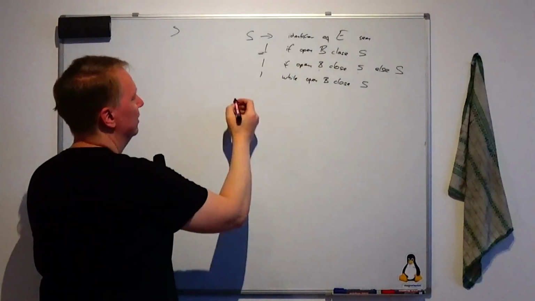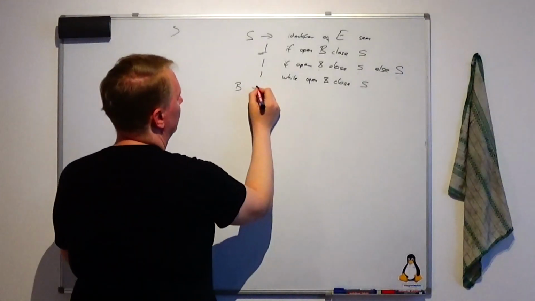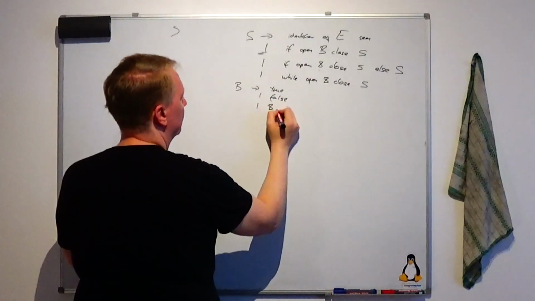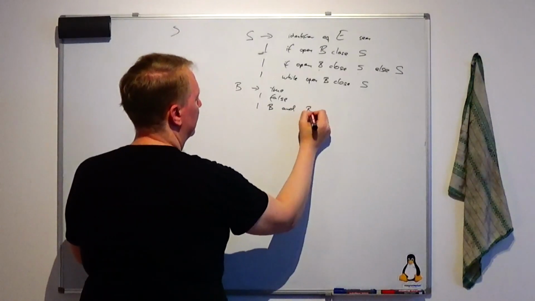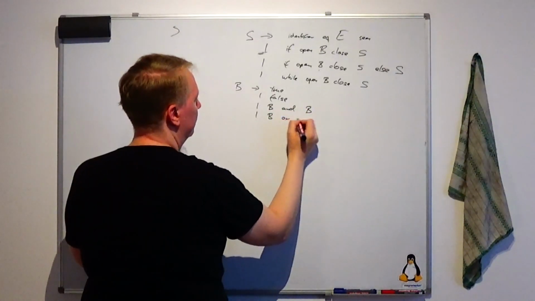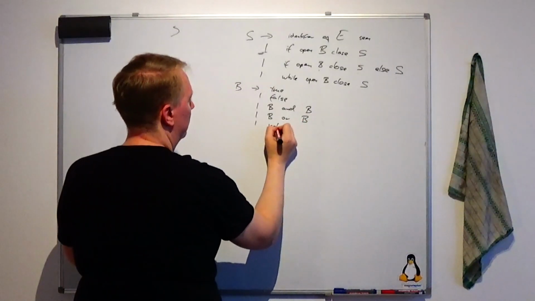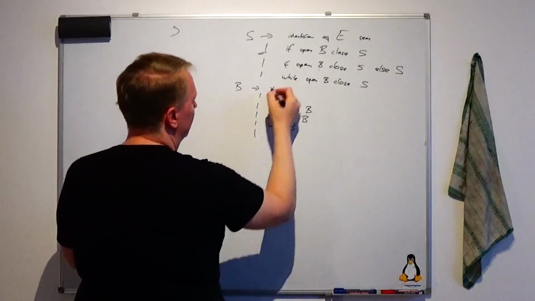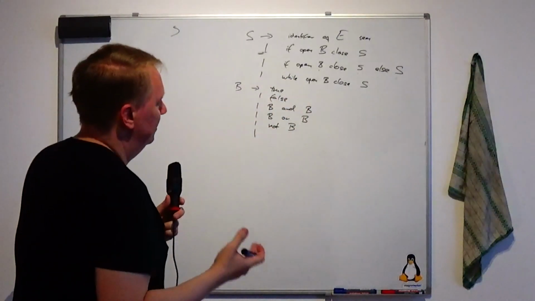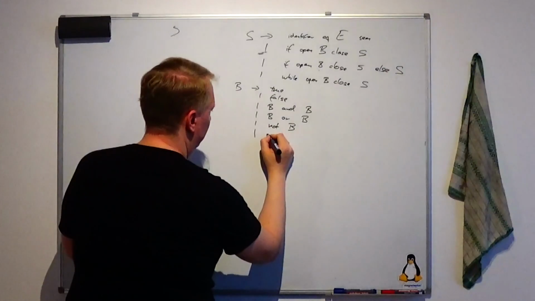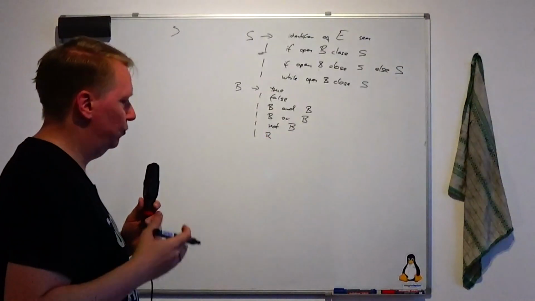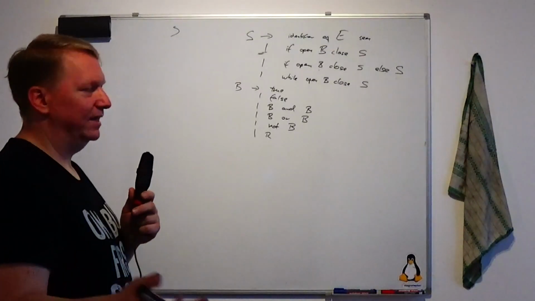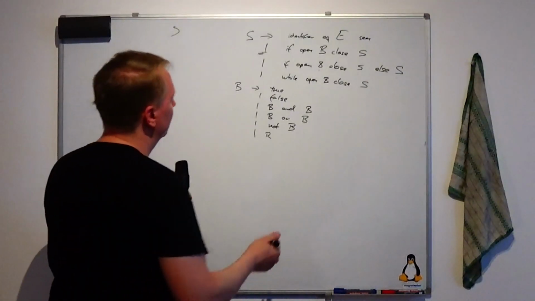Okay, now what could be a Boolean expression? A Boolean expression could be true or false, or a Boolean expression and another Boolean expression or another Boolean expression, not Boolean expression, and then something that you would often see here is reference to a relative operation, like A less than B, or B less than A, or A greater than B, stuff like that.